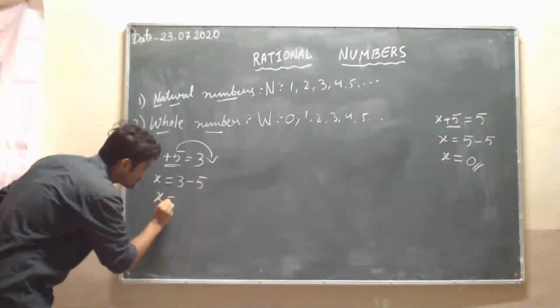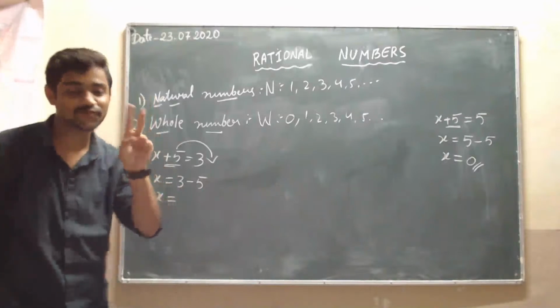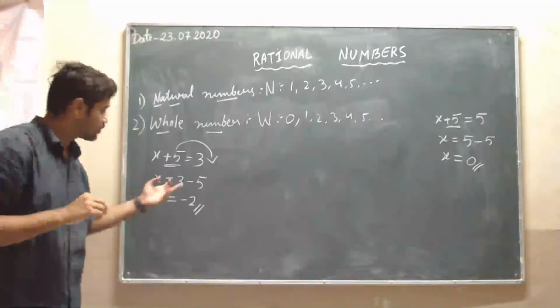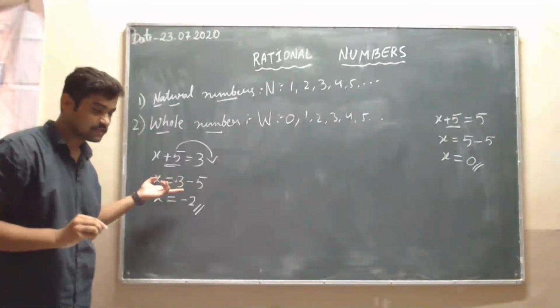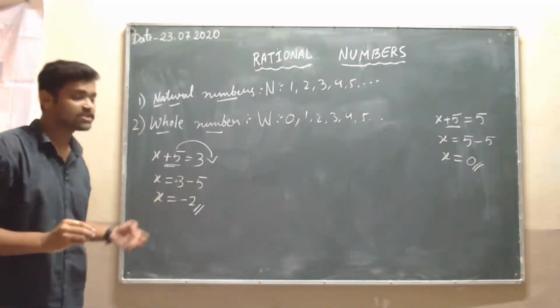Then the value of x is minus 2. Because there was no sign, that is plus, and the bigger number has the minus sign, that's why the value is minus 2.